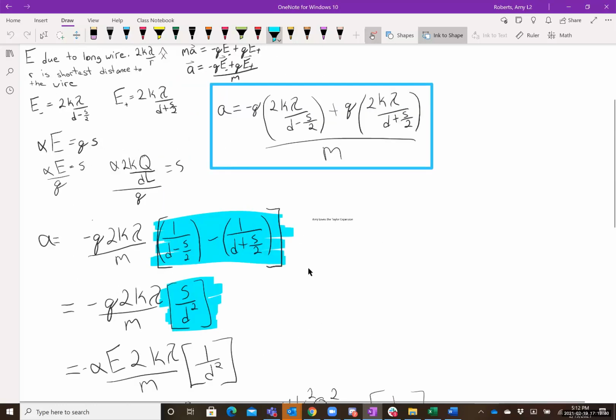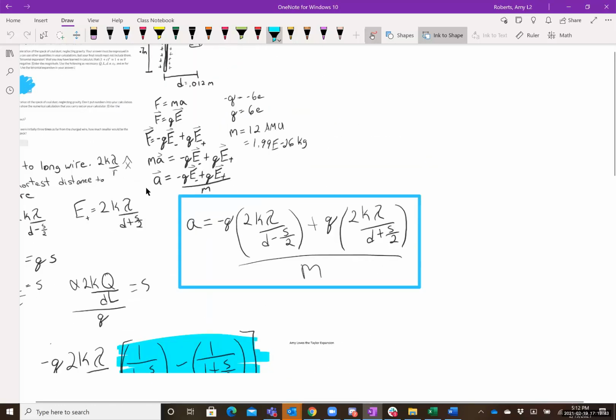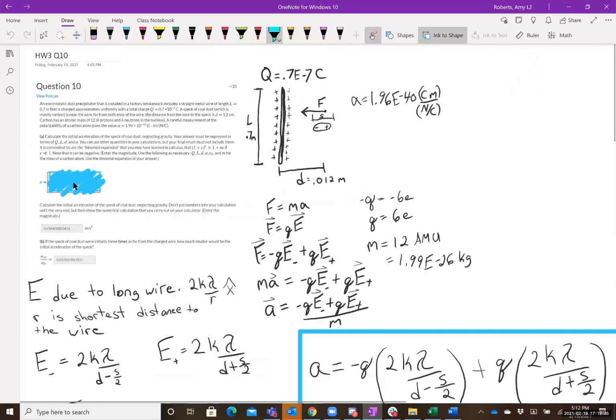And even so, the problem will still give you trouble because it doesn't like the K. So you'll need to turn that into 1 over 4 pi epsilon naught squared. There it is, 1 over 4 pi epsilon naught, there's the squared.